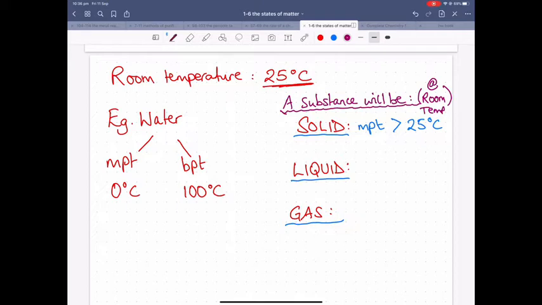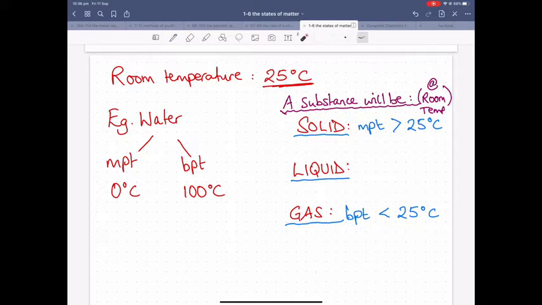So a substance will be a gas at room temperature if its boiling point is less than 25 degrees C. Now, before we go on to liquid, let's look at water to see if it's a gas at room temperature.